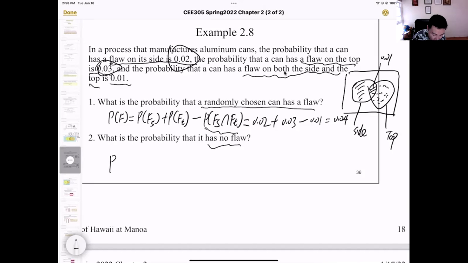So the probability of no flaw is the complement of flaw. No flaw is simply equal to 1 minus the probability of having a flaw, which we just calculated is 4%. So that is 96%. That means the chance it is outside these two circles is 96%.